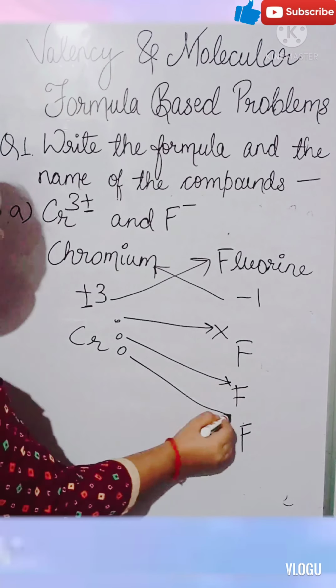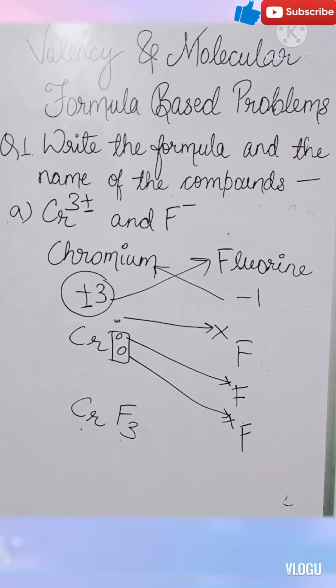Now the formula will become CrF3, because you are taking here 3 F's and only 1 chromium. And if you are not using this trick, you can just simply write it in the way you have transferred the electrons.